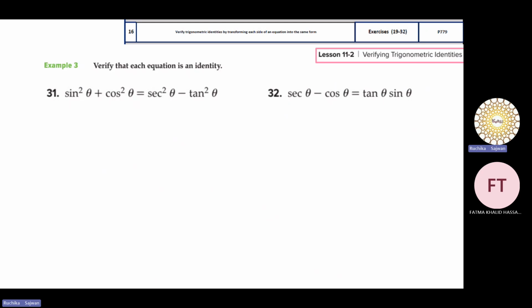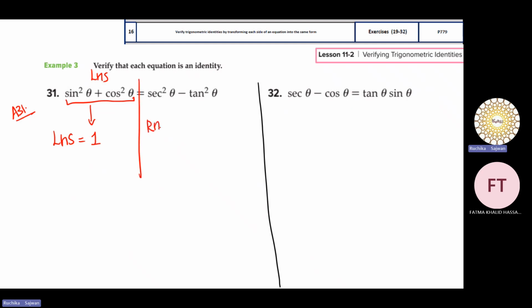Let's finish up today's session with the last two questions on learning objective 16, which are these two. So let's begin with 31. Now for question 31, they are very, very easy in the sense the left side is already simplified, sine square plus cos square, Pythagorean. So the left-hand side is 1 because it is Pythagorean. Let's look at the right side now.